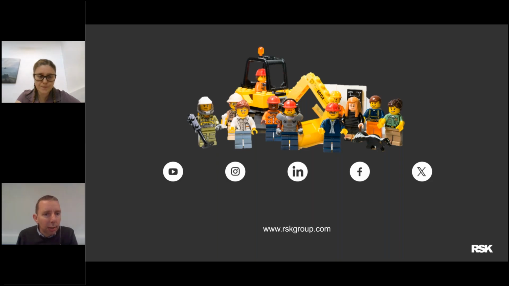Another question here: are multiple phases of investigation needed? I think that probably depends on the site. It depends very much on the site, and it depends on your client and what they want to pay for.